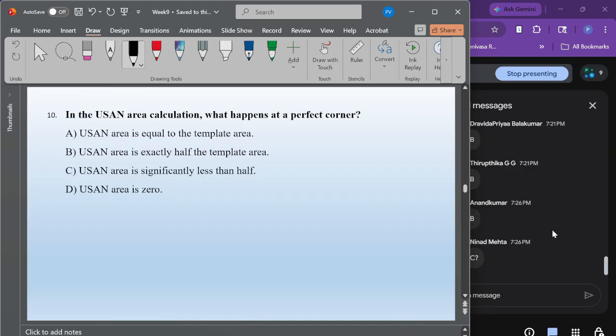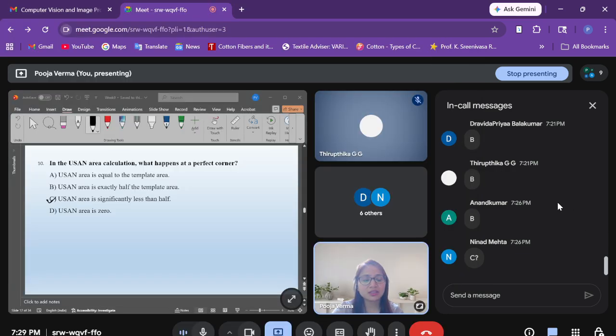Option C is the correct answer for this question. So in the USAN area calculation, it will be significantly less than half for a perfect corner.